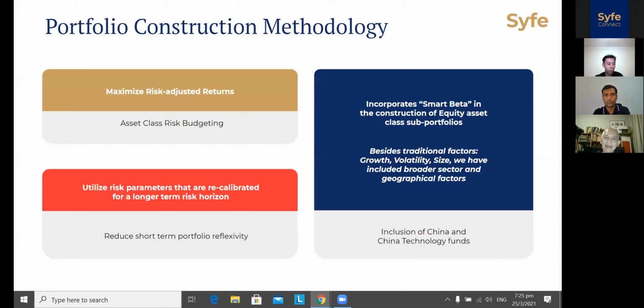We let the risk go where it may on a long-term basis, and within that risk we budget the risk of equities, the risk of bonds, and the risk of gold, while maximizing the risk-adjusted returns.